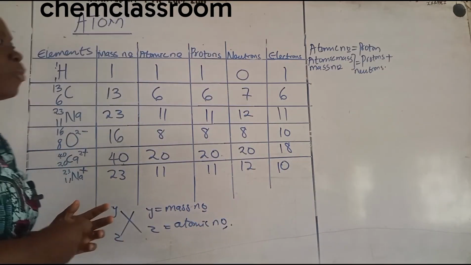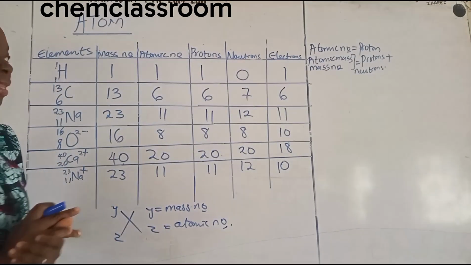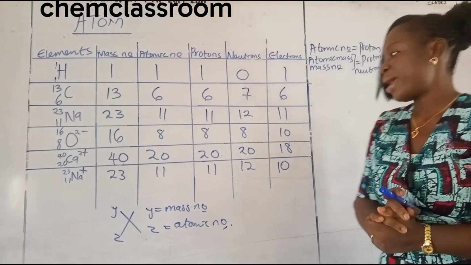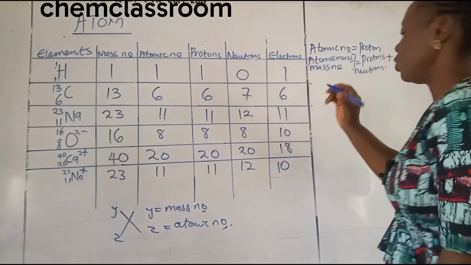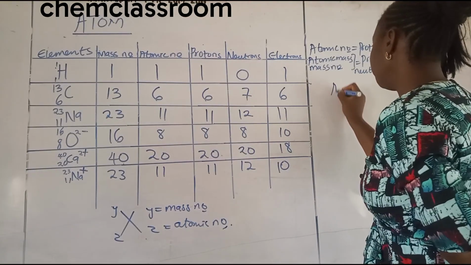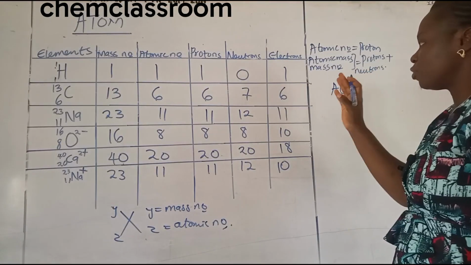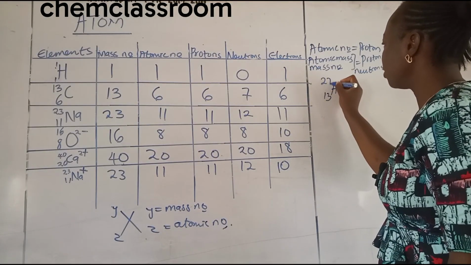So I want to assume that you followed me gently and you will be able to do more examples. So I will write your assignment here now. Let's use aluminium. You are going to show me the mass number, atomic number, protons, neutrons, and electrons. Aluminium is 13, so I have 27 here.